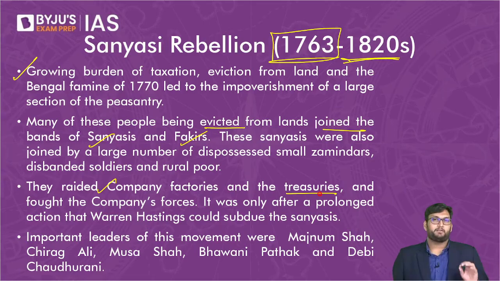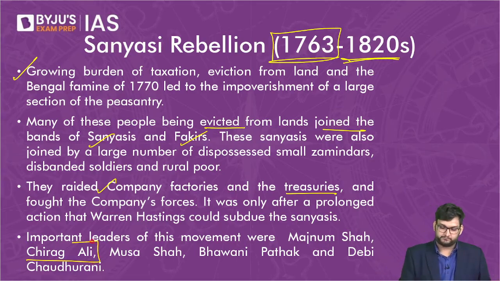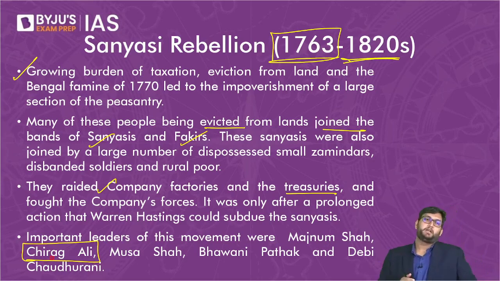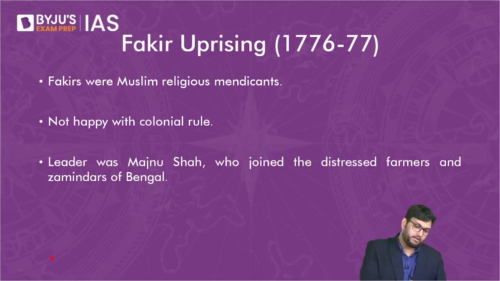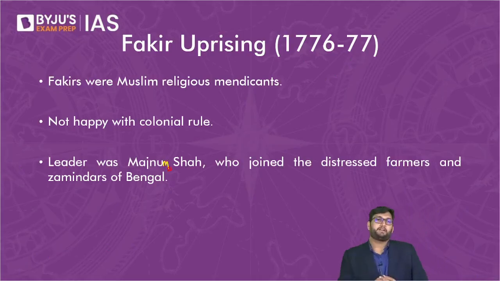Now, there are leaders which you need to know. The ones which I'm going to mark are the ones which are important. Because Majnun Shah is also there in the fakir one, you remember, very simply, Chirag Ali. I'll write it down for you. And closely related to it is the Fakir uprising.